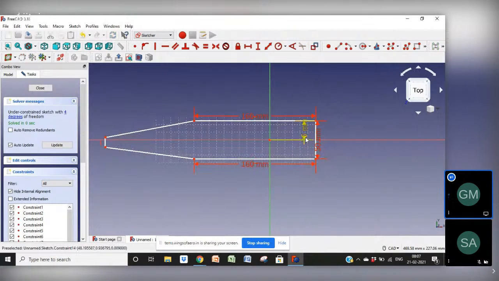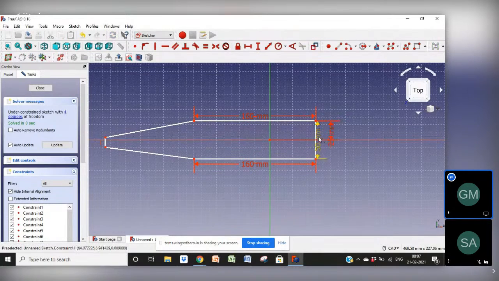Okay, now resume at the center, taking this a bit away so the dimensions are clear enough. Okay, we are done with this part.